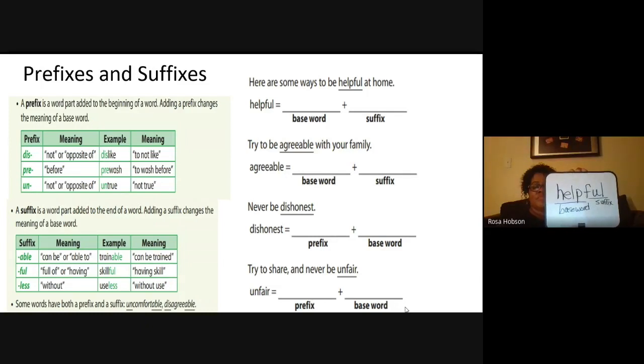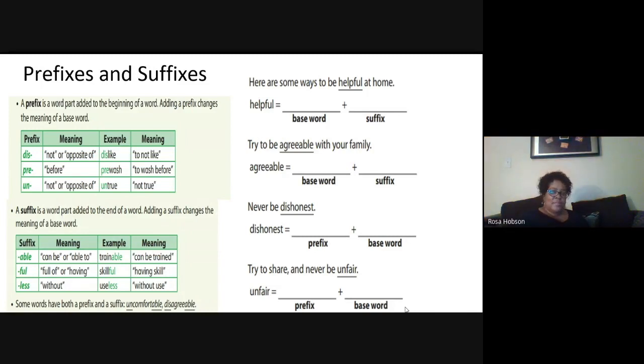And now we're going to move on to the next one. Try to be agreeable with your family. Break down the word. Find the base word and the suffix.